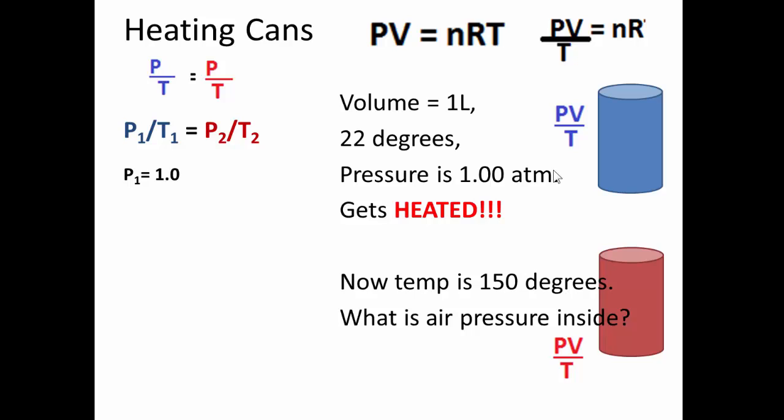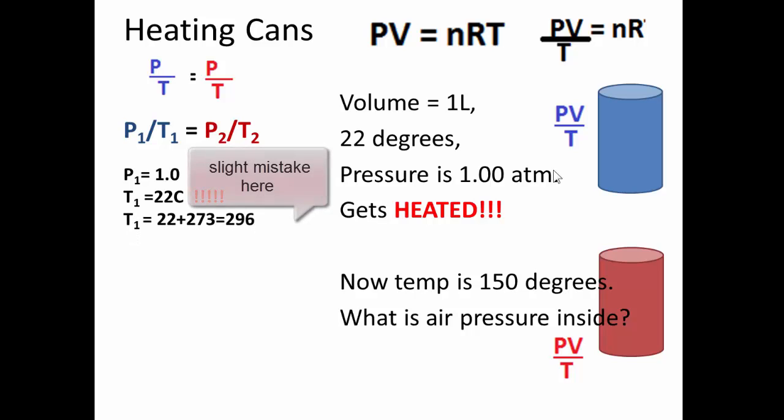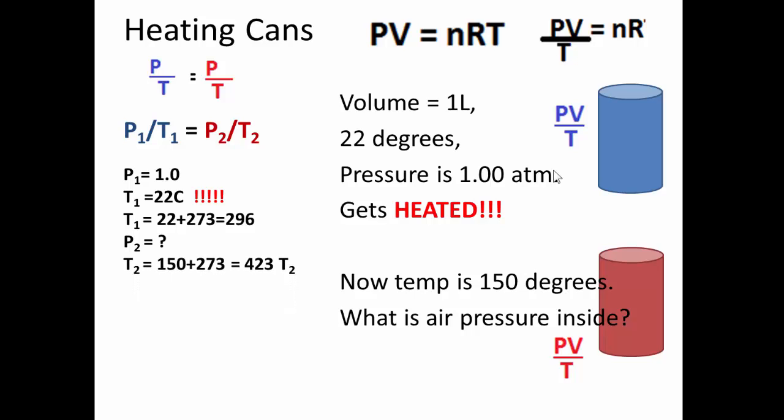T1 is the temperature before, which is 22 degrees. But wait. It's in centigrade or Celsius. It has to be in Kelvin. So T1 is equal to 296. P2 we need to find out. T2 is the final temperature, which is 150, of course, plus 273, which is 423.